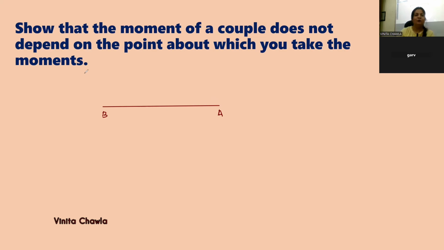Suppose at point A, force is applied in this direction, and at point B, force is applied in the opposite direction. If the force applied at point A is vector F, then the force applied at point B can be taken as minus F. So vector F at A and an equal and opposite force at B will form a couple.